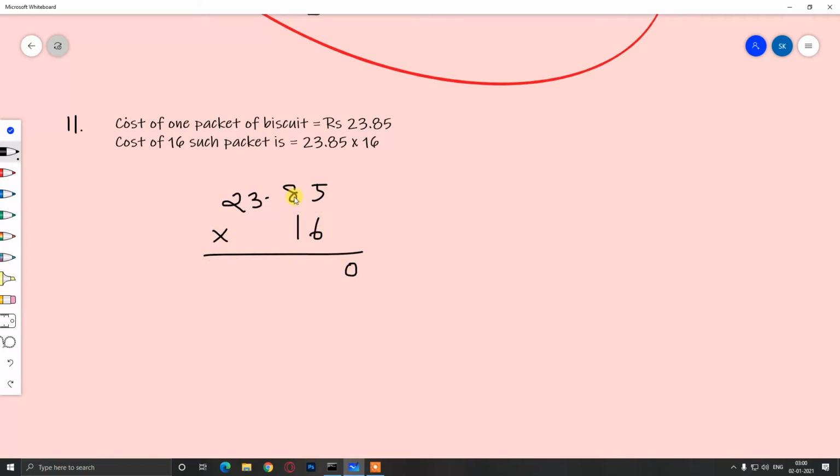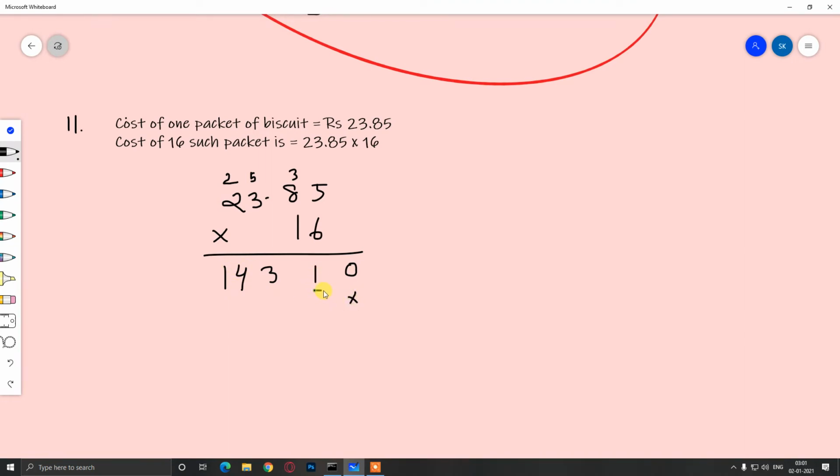So 6 5s are 30, 3 carry, 6 8s are 48, 49, 50, 51, 5 carry, 6 3s are 18, 18 plus 5, 23, 2 carry, 6 2s are 12, 12 plus 2, 14.